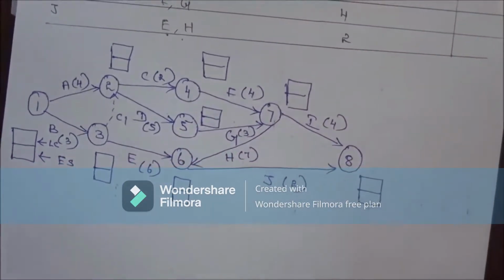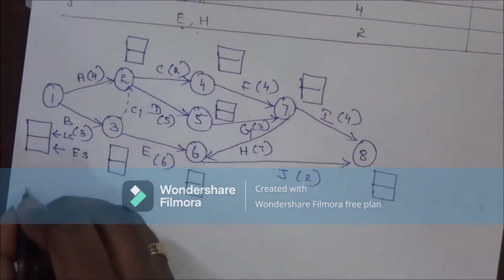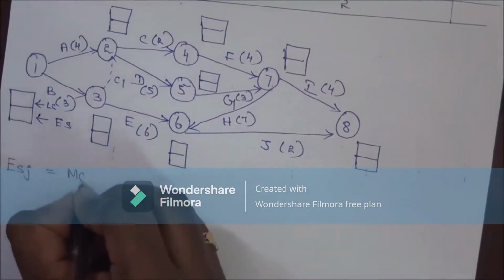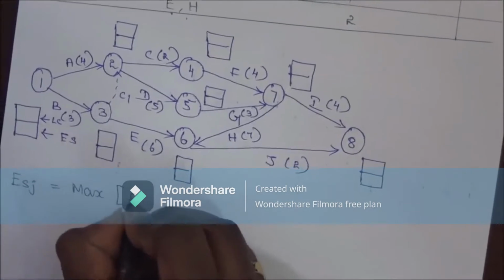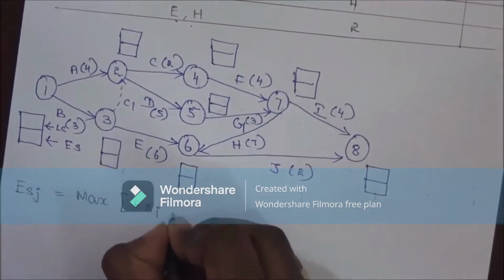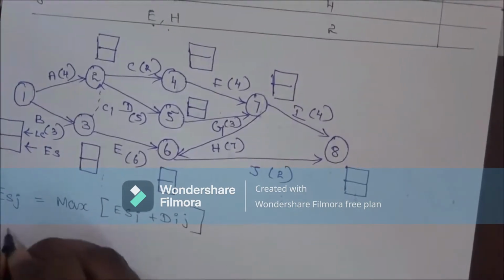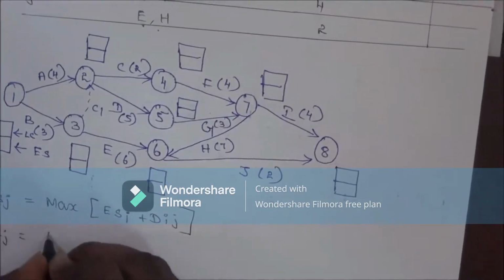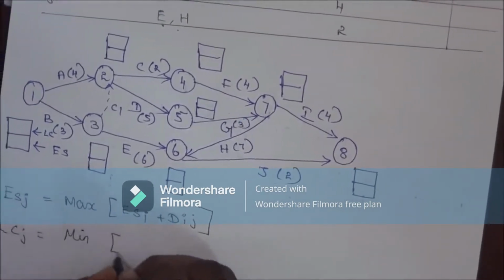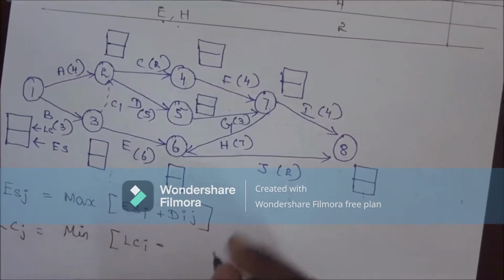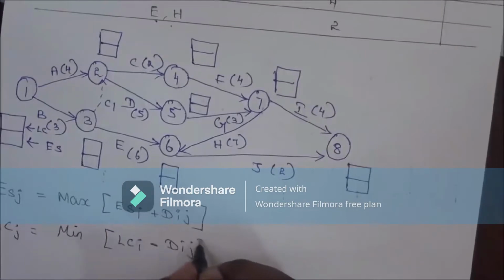The formula for calculating the earliest start time, that is ESJ, is equal to the maximum of ESI plus DIJ. Similarly, latest completion time is equal to the minimum of latest completion time minus DIJ.